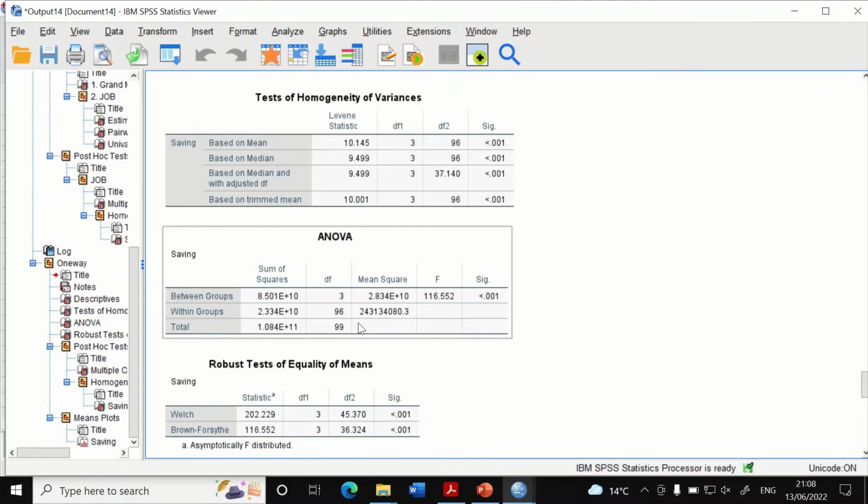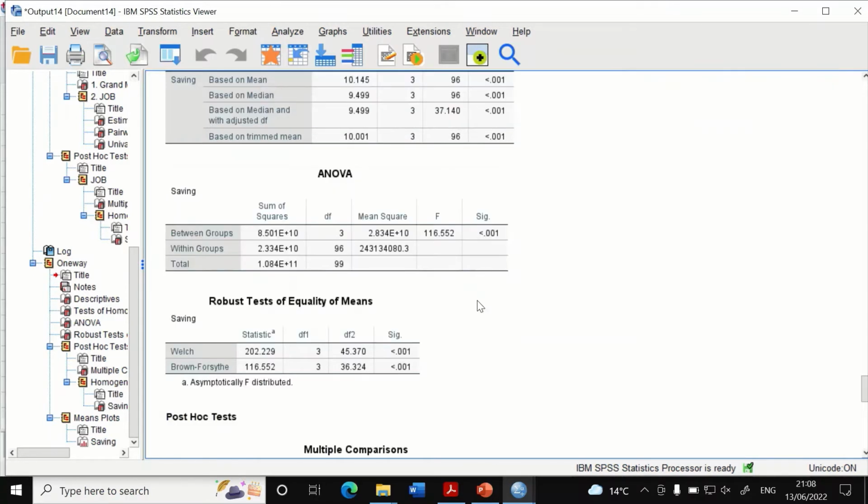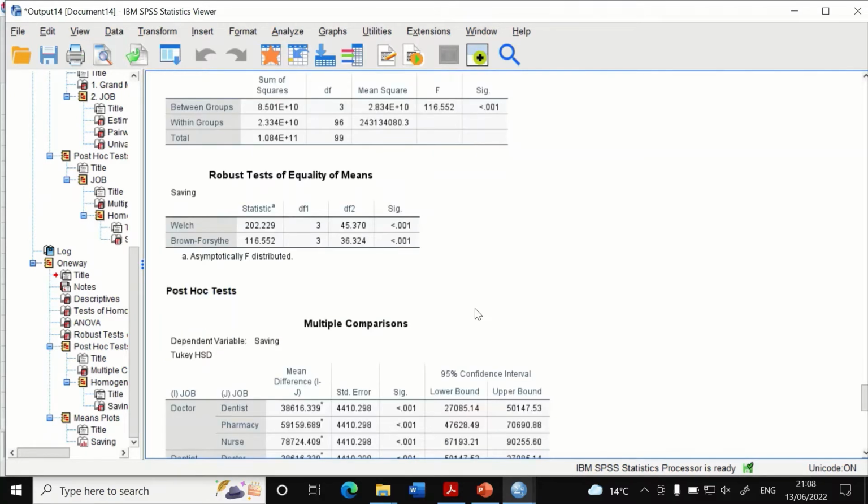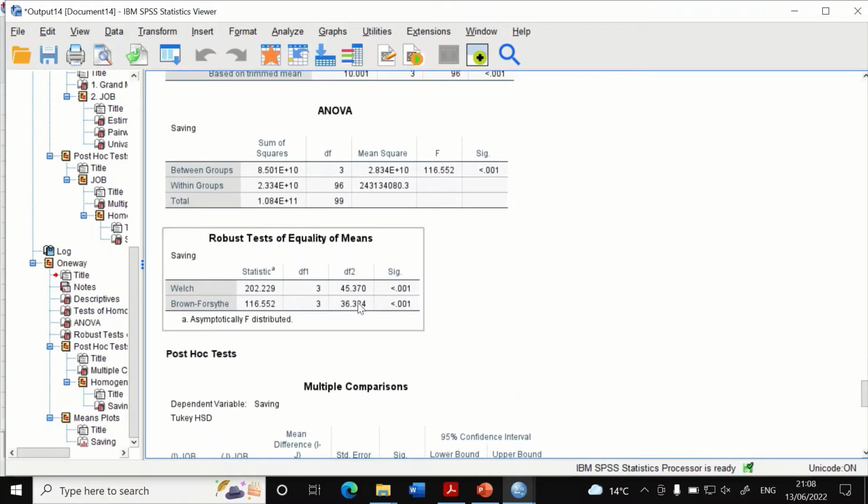Thus, this ANOVA table cannot be used for interpretation, and the F ratio here, we have to go and instead use the Welch and Brown-Forsythe test for comparing between the groups, as it's robust.